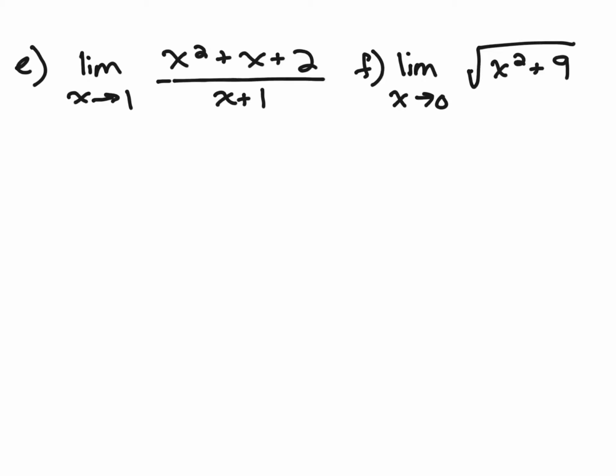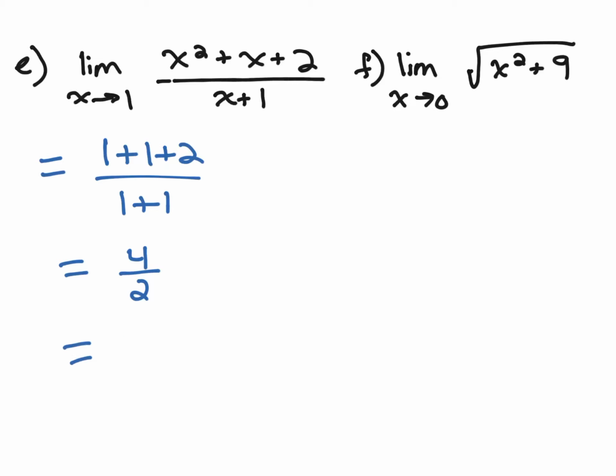All right, limit as x approaches 1 of x squared plus x plus 2 over x plus 1. So we're just starting to get a little bit more complicated functions here. It's still always going to be direct substitution. So I have 1 plus 1 plus 2 over 1 plus 1 is 4 over 2, which reduces to 2.